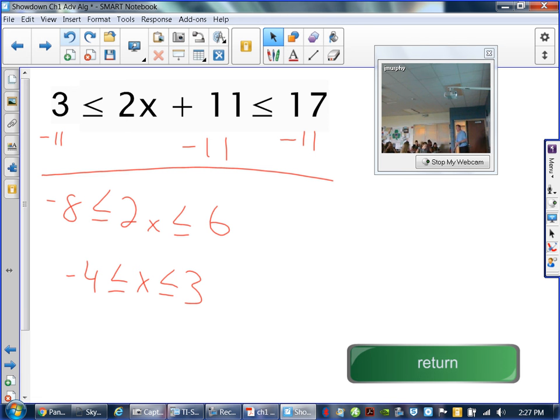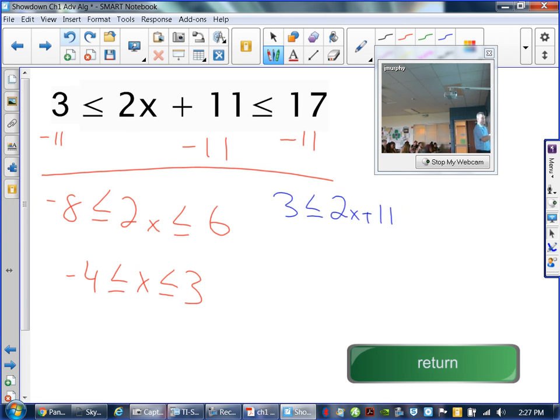But a lot of times when people do it that way, they'll move that 11 to just one side and forget to move it to the other. So what I would suggest, it takes an extra second or so, is to write out two separate problems.